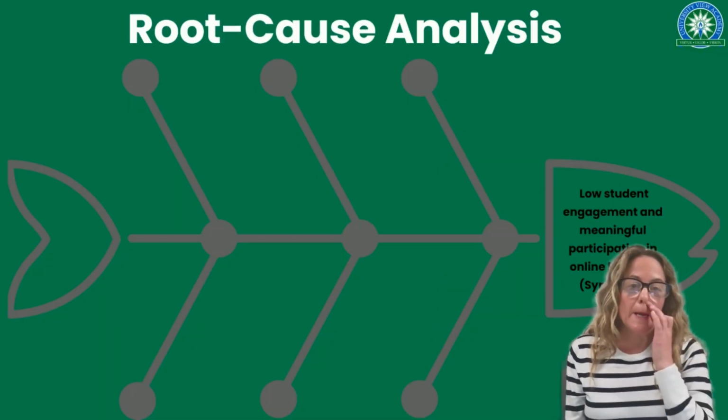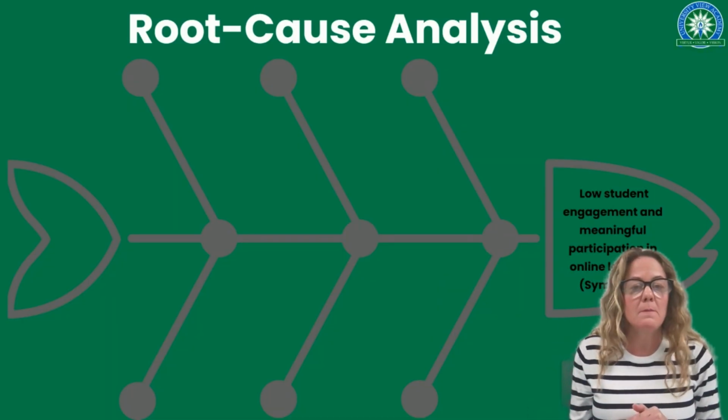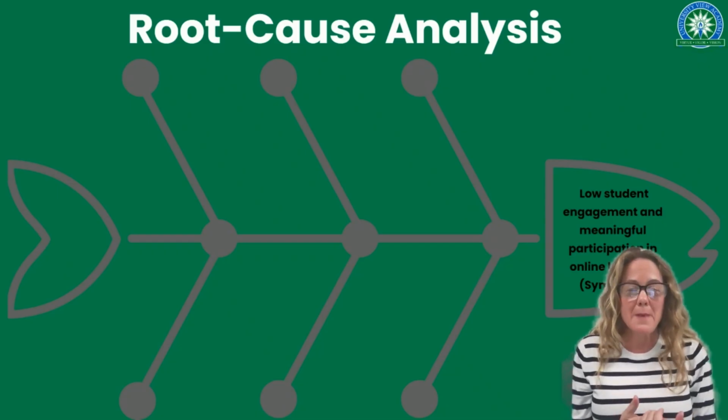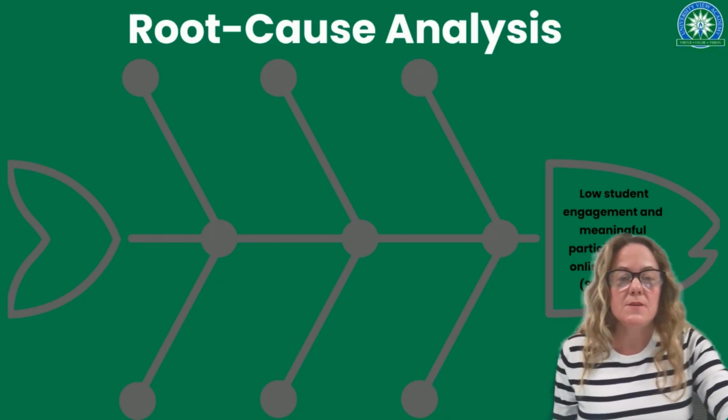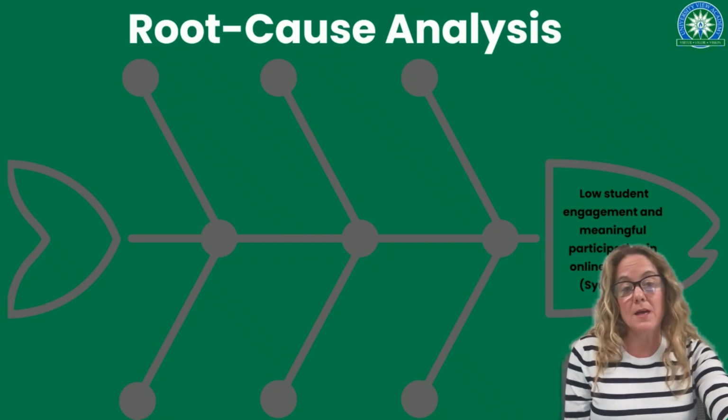Instead of treating disengagement or low engagement as the problem, I decided to use this root cause analysis to look at what might be contributing to it. This aligns with the readings that emphasize the difference between symptoms versus underlying causes.